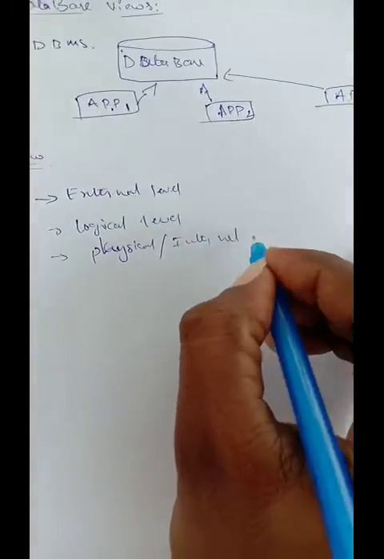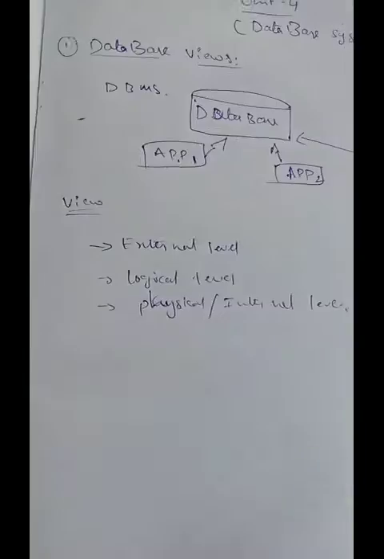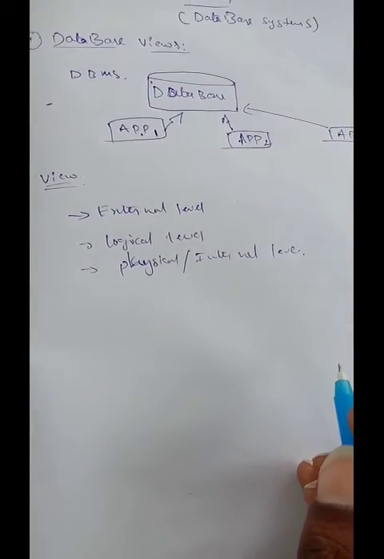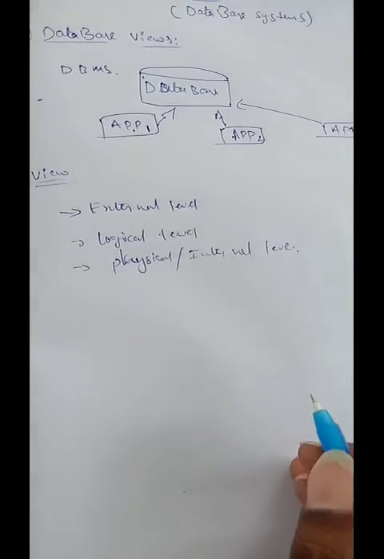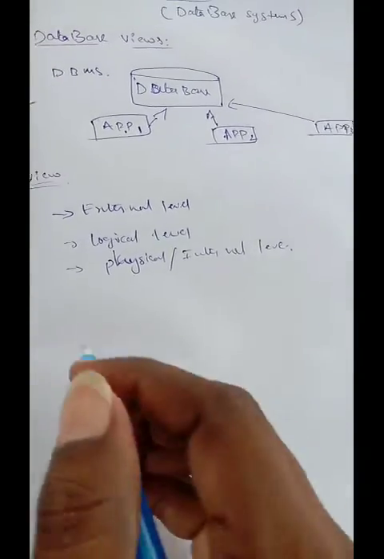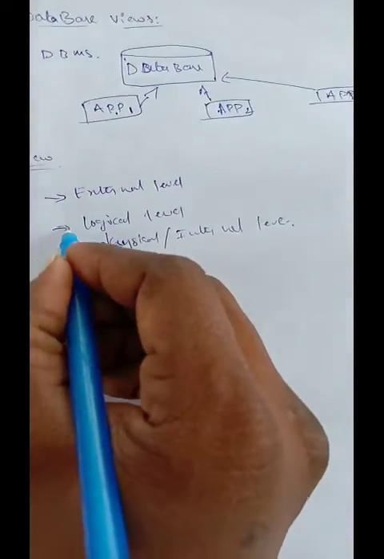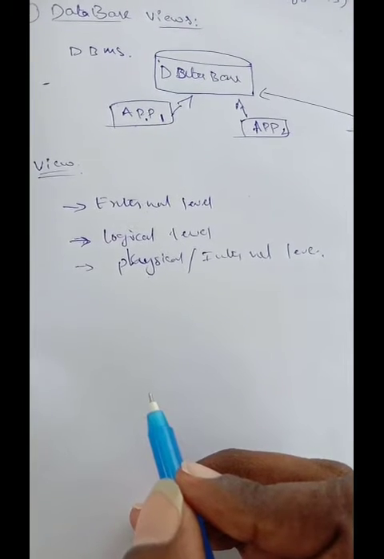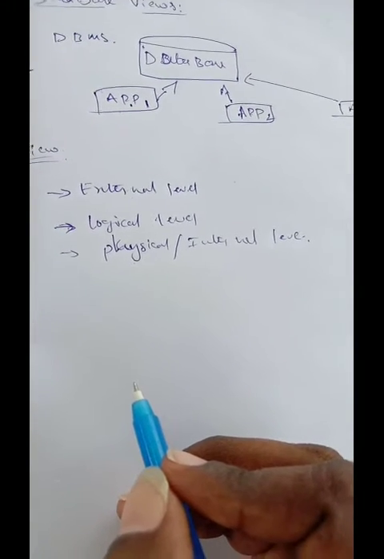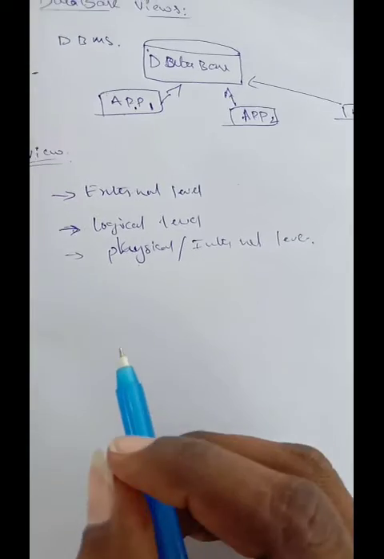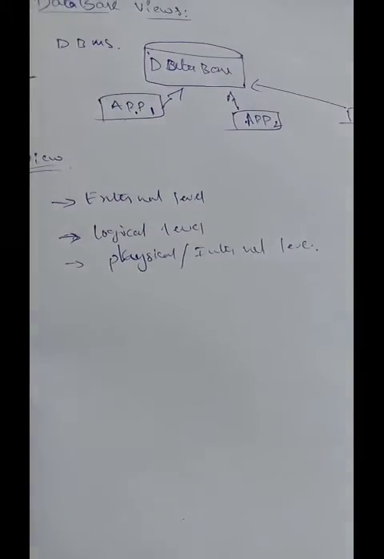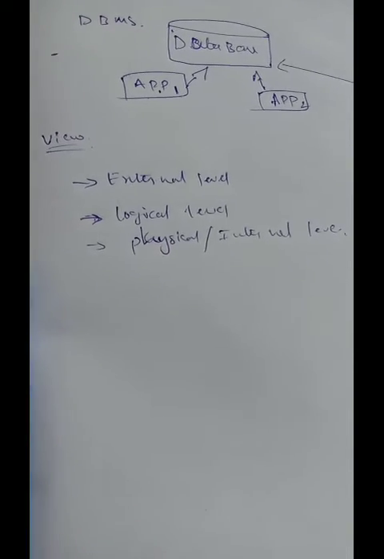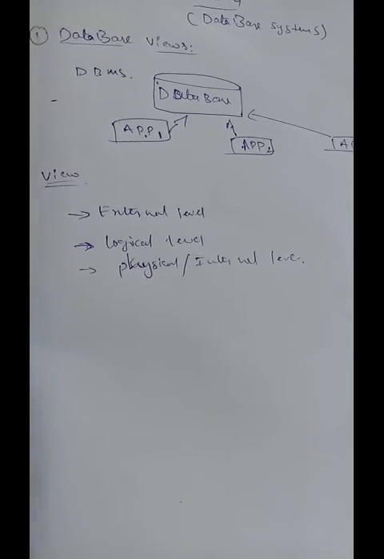In the external level, the view or abstraction is developed to keep the user away from complexities: how the data is stored, what kind of data is stored, and at which location the data is stored on the storing devices. So the user doesn't feel any complexities in accessing the data by using the application program.